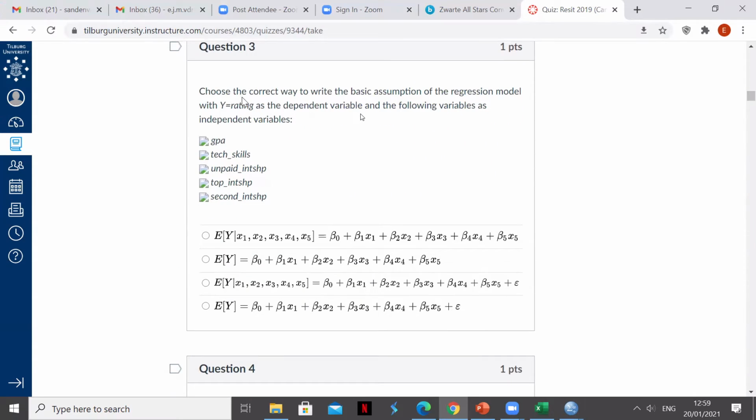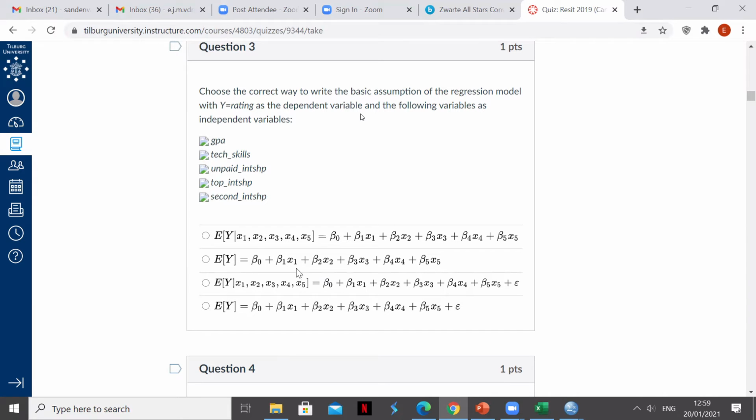Okay, choose the correct way to write down the basic assumption of the regression model with Y, rating, as the dependent variable and the following variables as independent variables. So we have five other variables. Firstly, how is a model usually constructed? We always have a B0. Do they all include a B0?